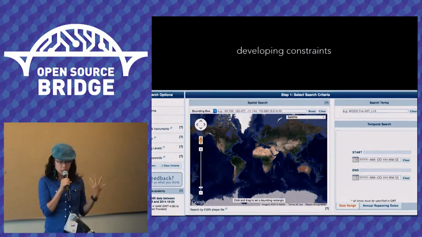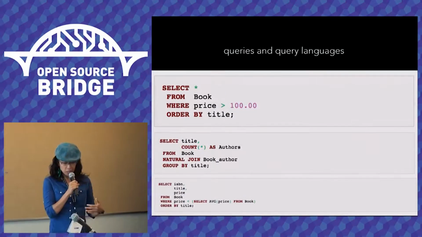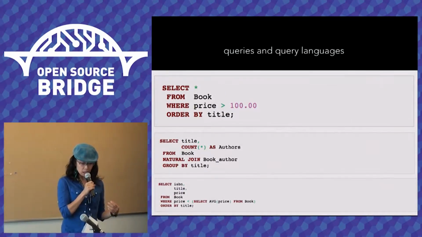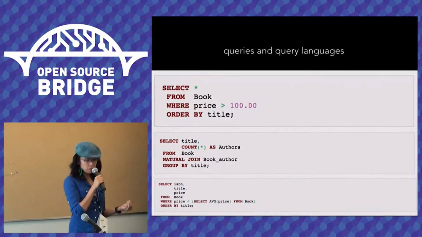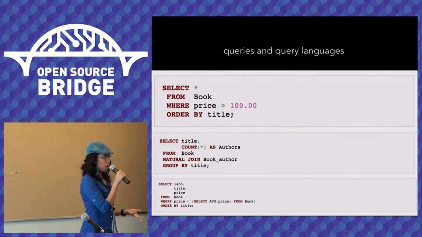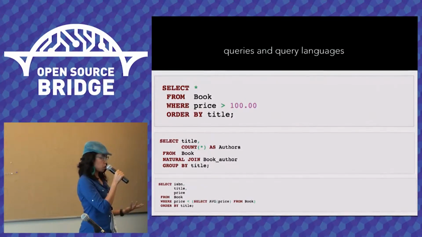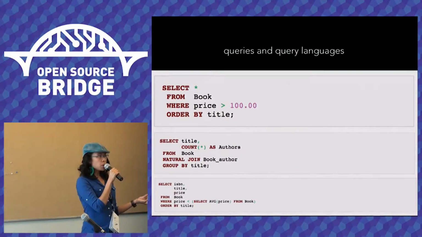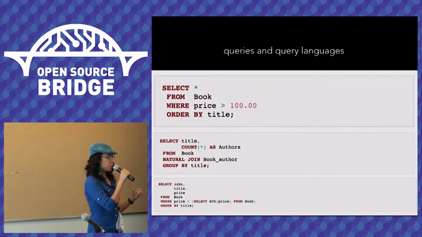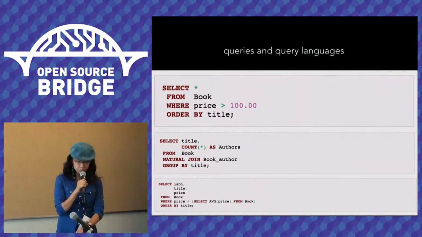You can do a spatial search, a temporal search, you can search by satellite, and by the level of the data that you acquire. Some of my students find that using NASA data has been really useful in bringing multispectral data into the realm of quantified self. I'll talk a little more about that later.